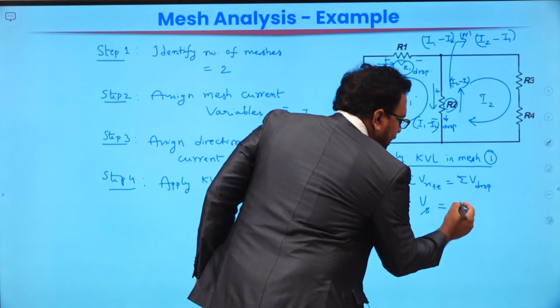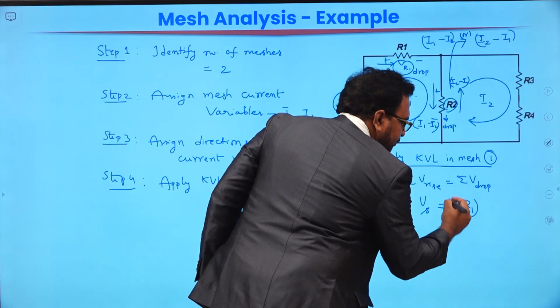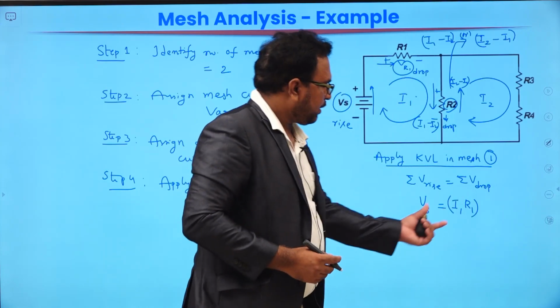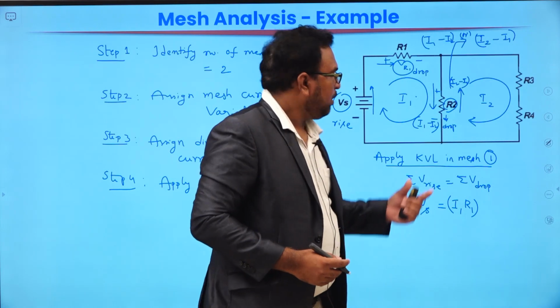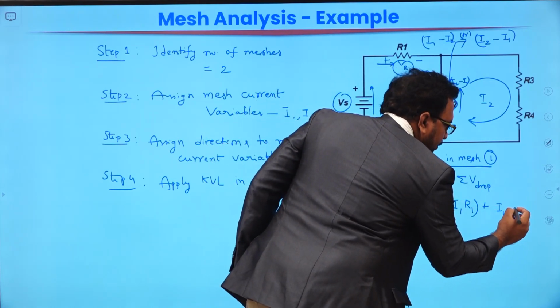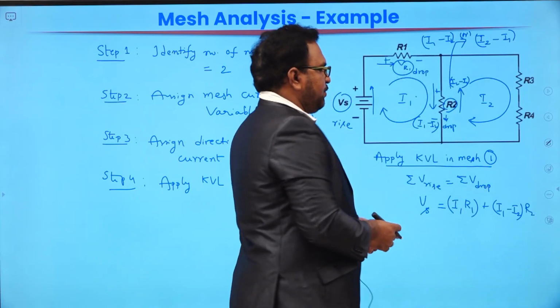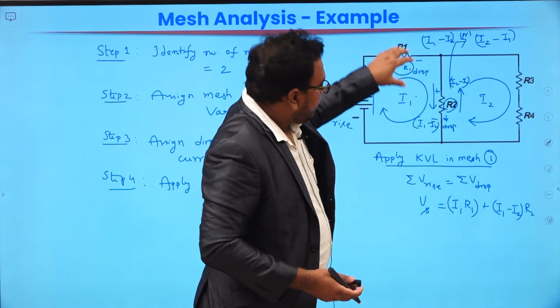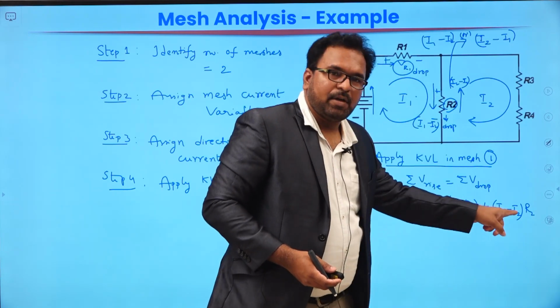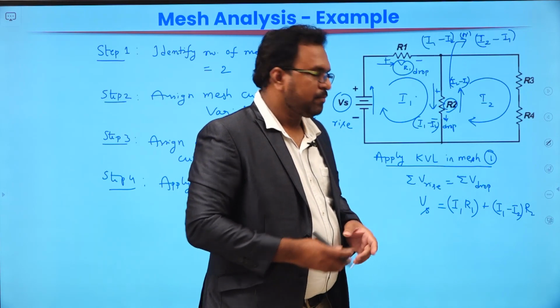So the voltage across R1 is I1 into R1, from Ohm's law. Now what is the voltage across R2? I1 minus I2 into R2, because we are applying KVL in mesh 1, and the resultant current is I1 minus I2. I1 is going to be dominant. So this is the first equation.